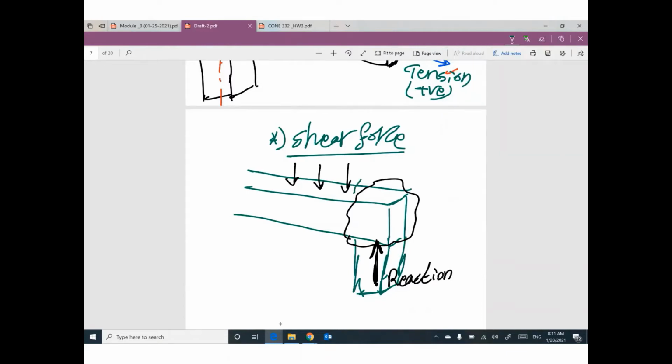At this location, we can expect shear between the two parts. So to have shear force, your forces must be perpendicular to the member. Here is the axis of the member. This force and this reaction are perpendicular and opposite to each other, so we can expect shear.